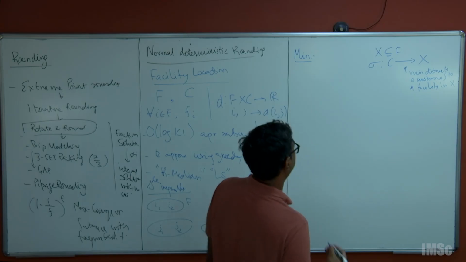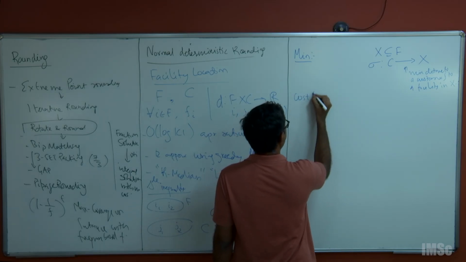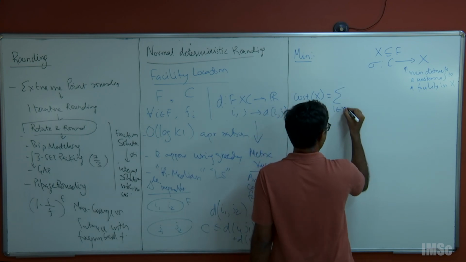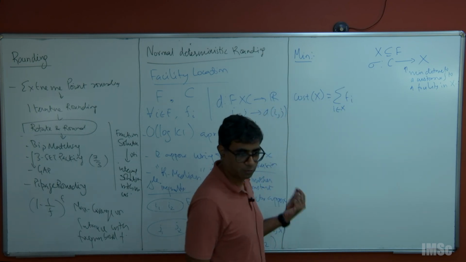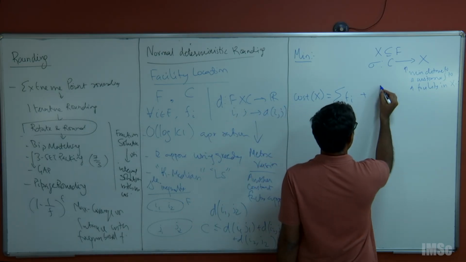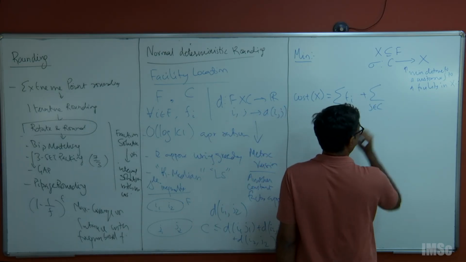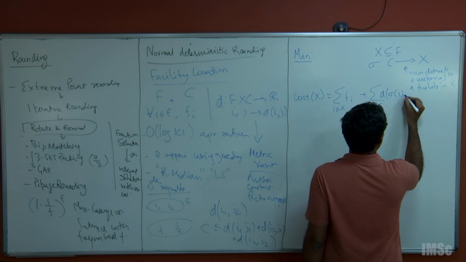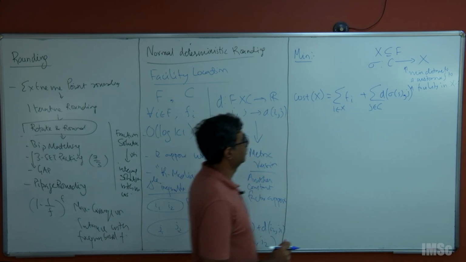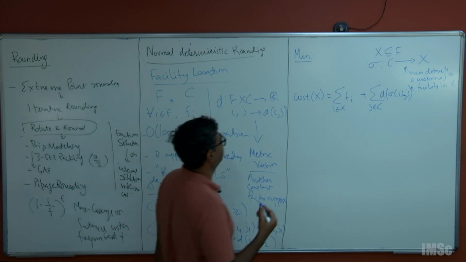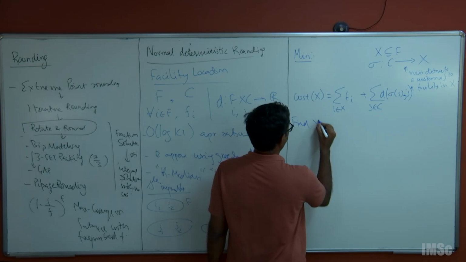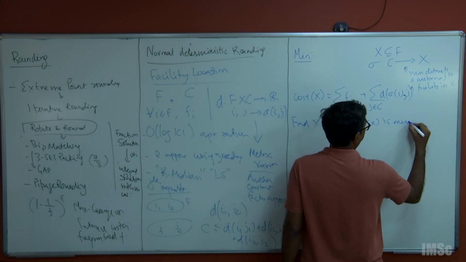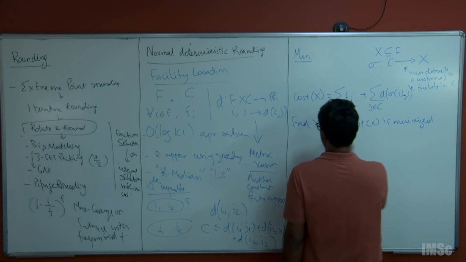So what was the cost of X? The cost of X is the summation over i in X of f_i, the cost for opening this facility, plus, for all j in C, the distance d(sigma(j), j). This is it. So what is my goal? I have to find X whose cost is minimized.